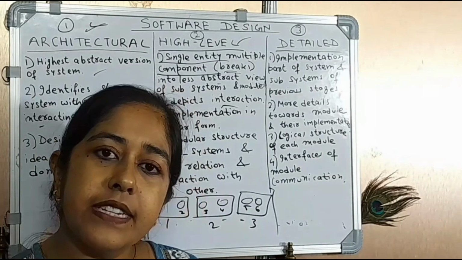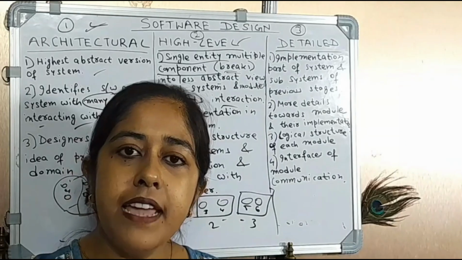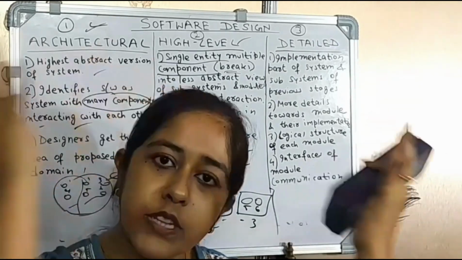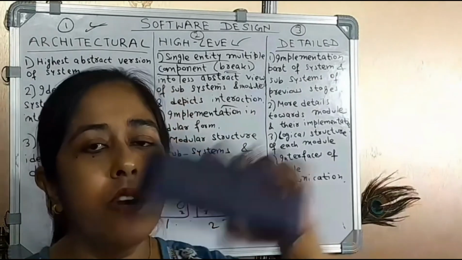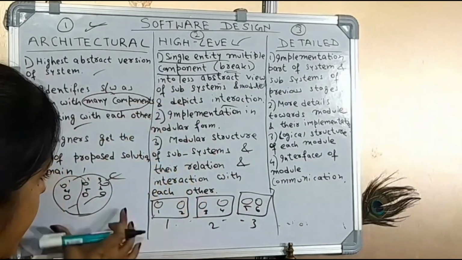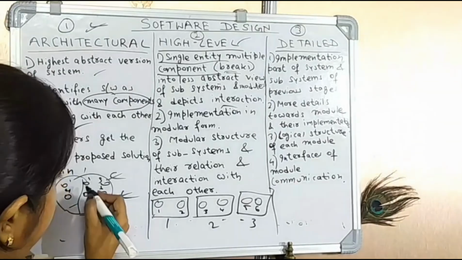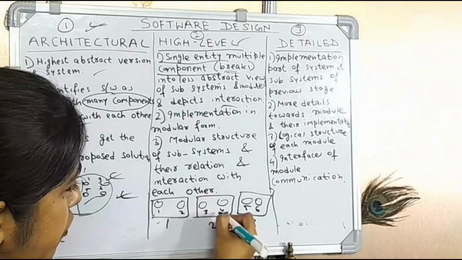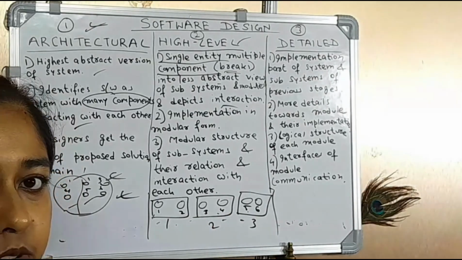Then in integration testing, we were merging those modules into small components. And after that, we were merging the whole thing into system testing. Now here the thing is going in another direction. First of all, we are working with the whole system. Now we are breaking it into small components, subsystems with modules, small modules.